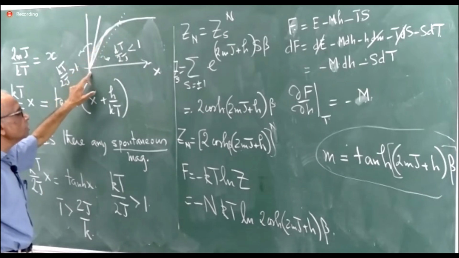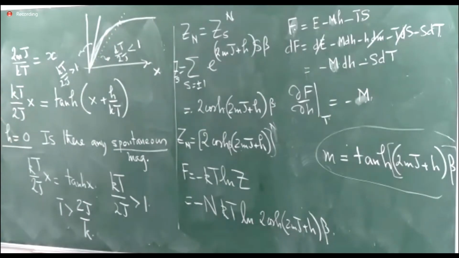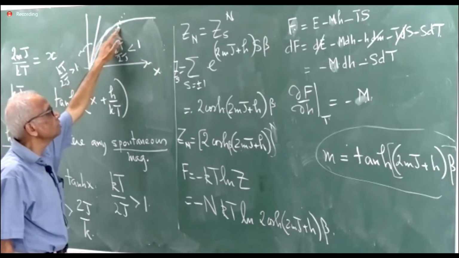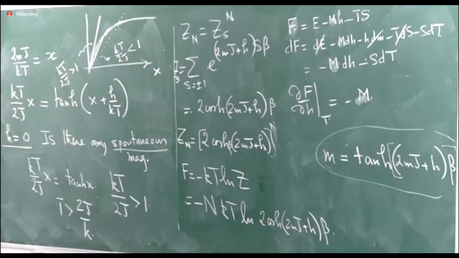You have M equal to 0, and you also have a non-zero solution. There is the possibility of a spontaneous magnetization appearing in the system. So that is the critical temperature.